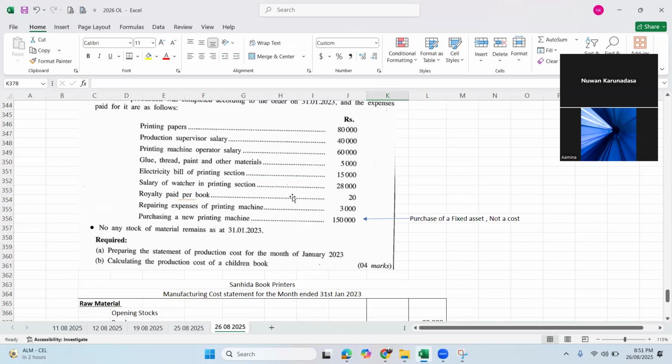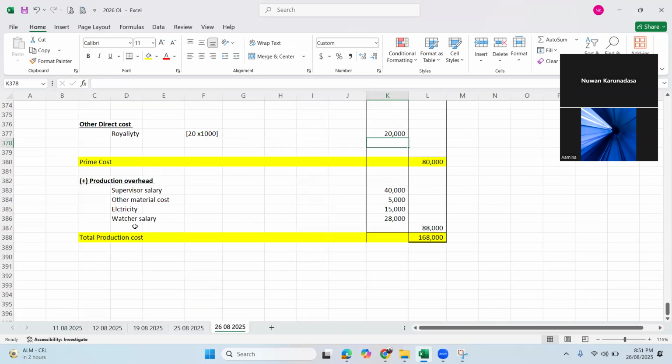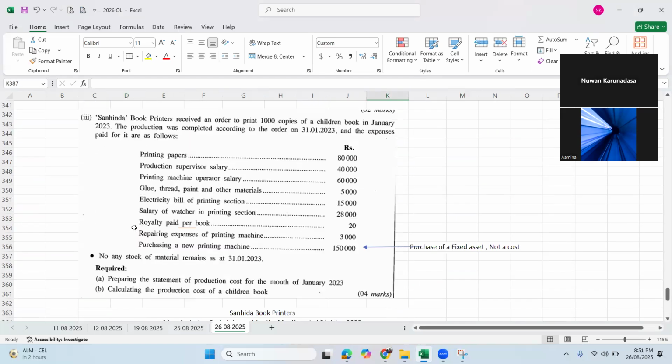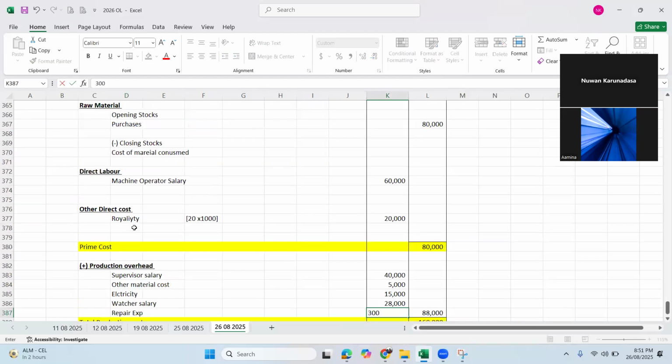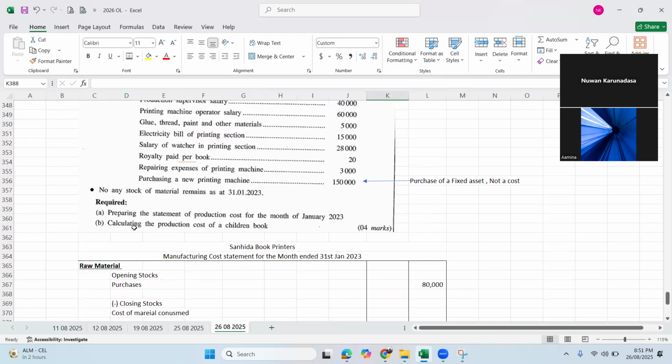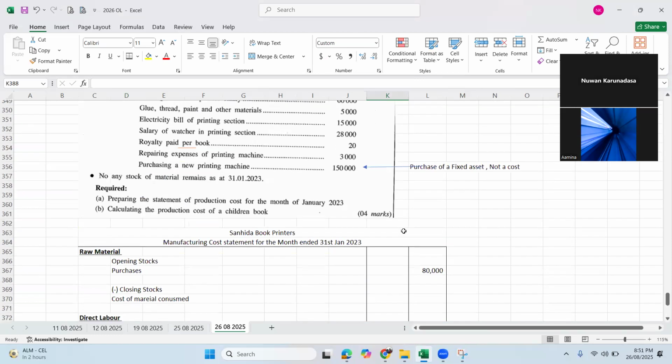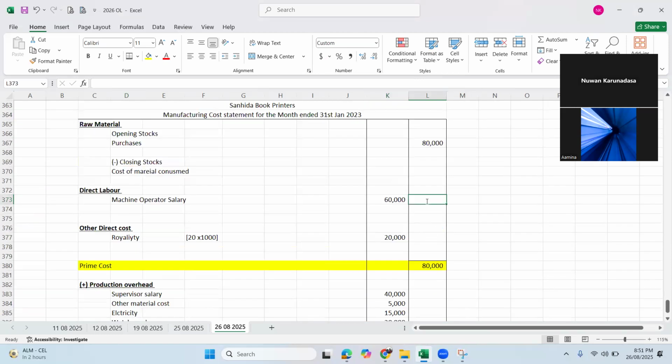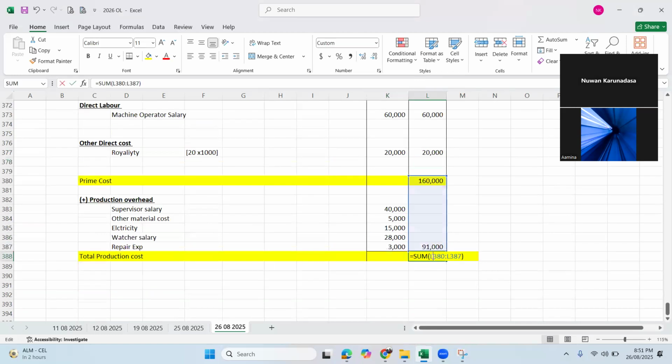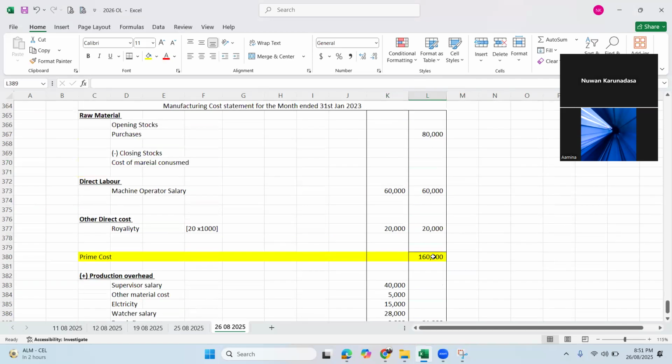Then repair expense of the printing machinery, 3,000. Purchasing a new machinery, that won't be a cost. We have taken everything. So the total cost is 251,000.